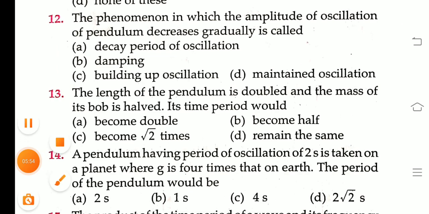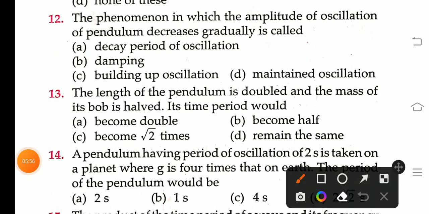Next, the phenomenon in which the amplitude of oscillation of pendulum decreases gradually is called. Right answer will be option B. Damping.